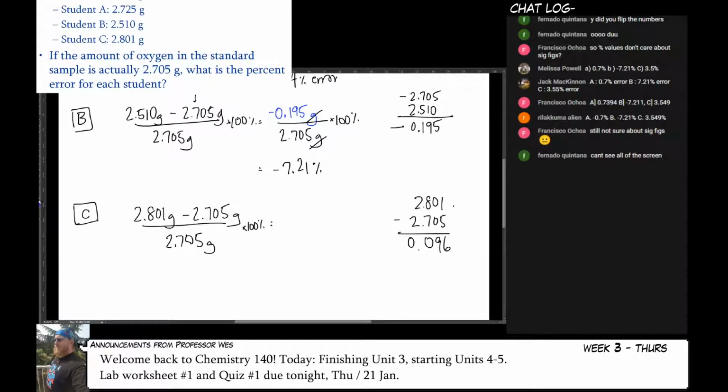That's 2 sig figs, so my answer is probably going to have 2 sig figs. Get my grams to cancel. And we'll punch in the calculator. 0.096 over 2.705 times 100%. 3.548, so I would write down 3.5%.